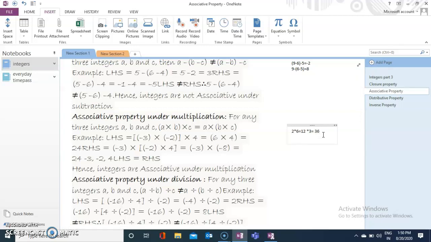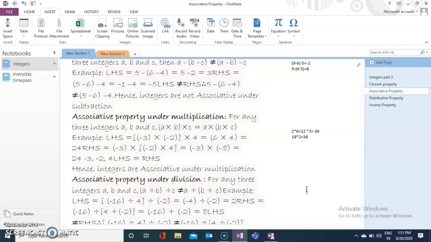But if I do first, I leave 2 and do just 6 into 3, which will be 18. Then 18 into 2, so it's 36 only, right? Same thing in a different way I just did. I didn't put brackets.